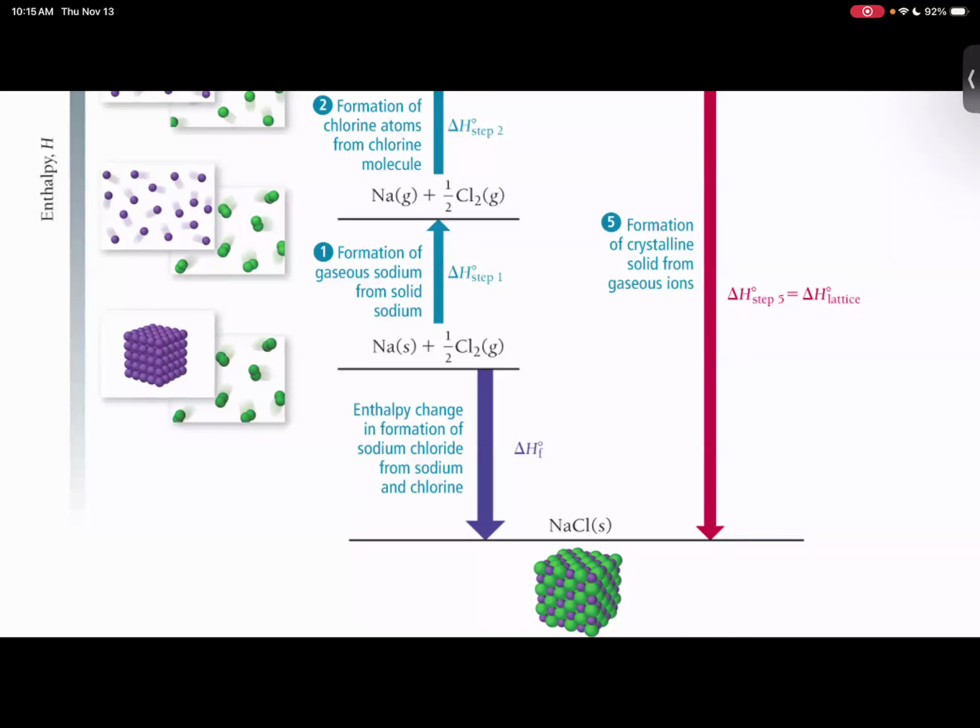This is the delta H formation. Now, to get there, the first thing that has to happen is that this sodium has to be converted from a solid into a gas using sublimation. It's a positive step.